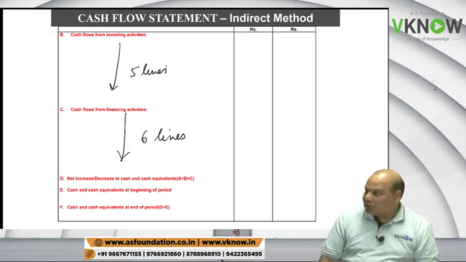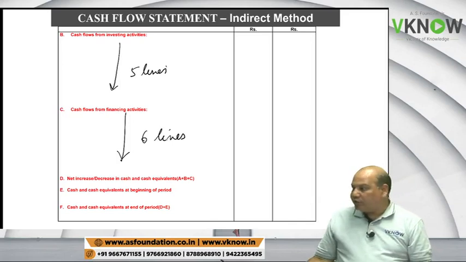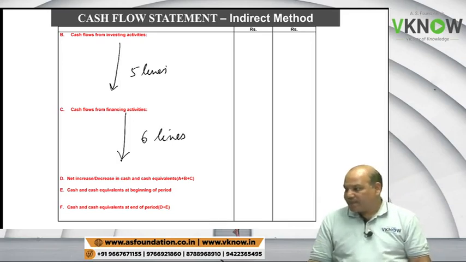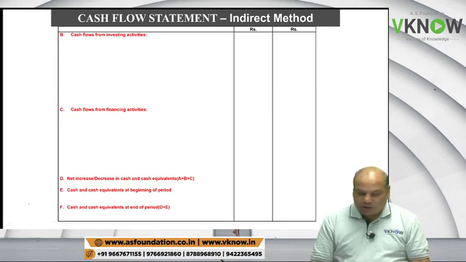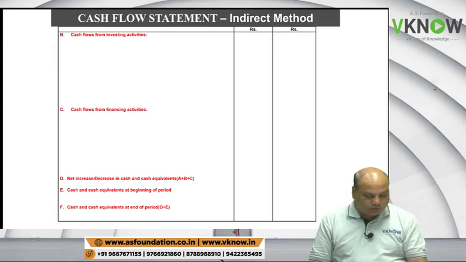Point number E, cash and cash equivalent at the beginning of the year. Point number F, cash and cash equivalent at the end of the year.